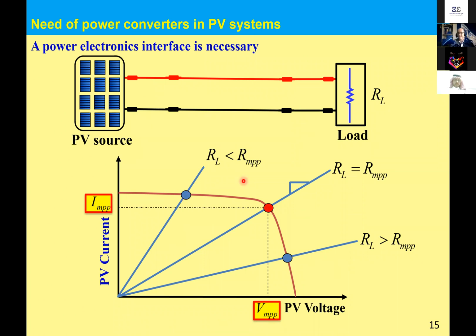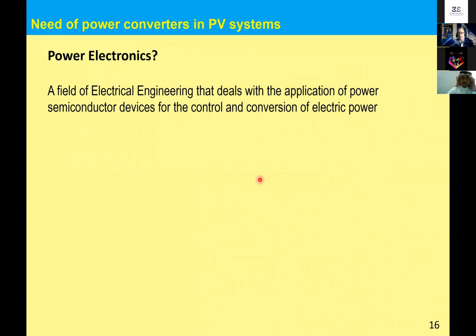So it is necessary to put between the PV source and the load a power converter that will make the load seen from the source equivalent to the one corresponding to the maximum power. So we need power electronics.